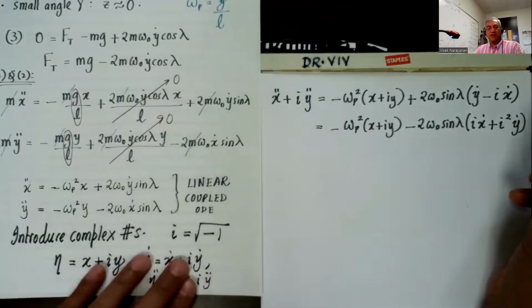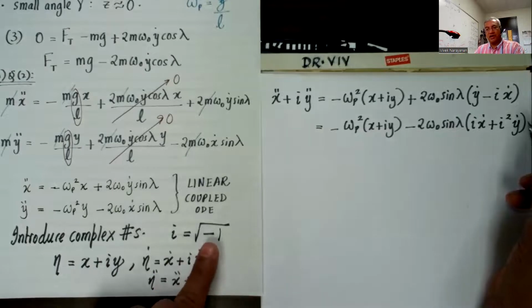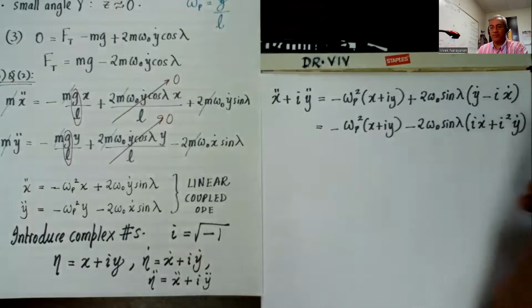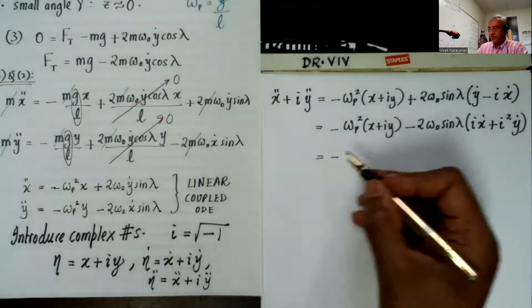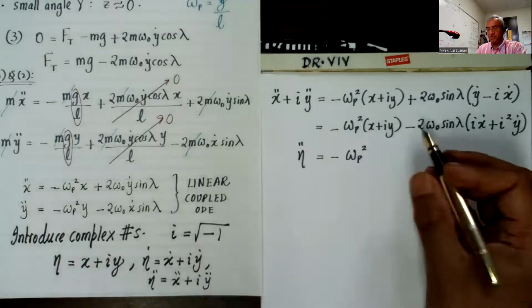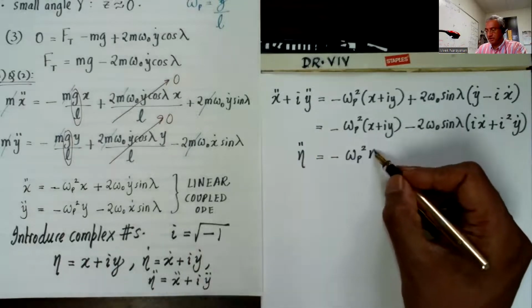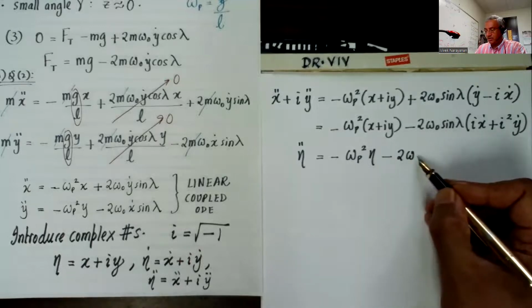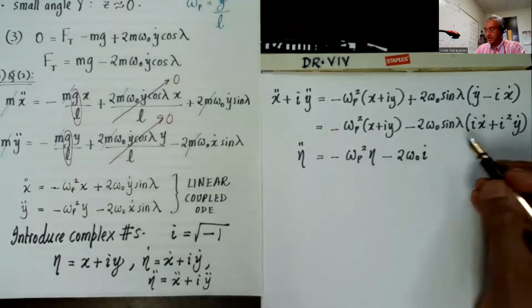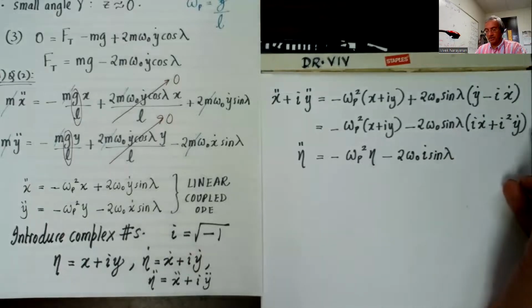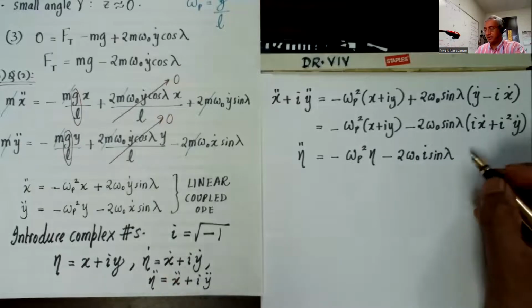Why is that? If i is equal to the square root of negative 1, i squared must be exactly negative 1. So I'm playing that trick. And now I can write this as negative omega p squared eta on the right, and the left side is just eta double dot. Eta double dot equals negative omega p squared eta minus 2 omega naught i sine lambda, and then I have x dot plus i y dot. Well, that's just eta dot.